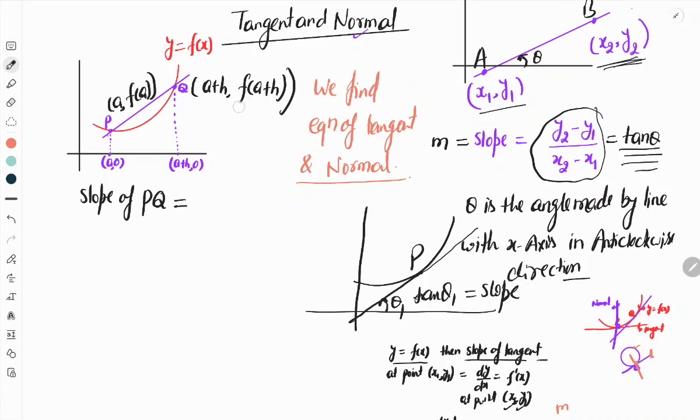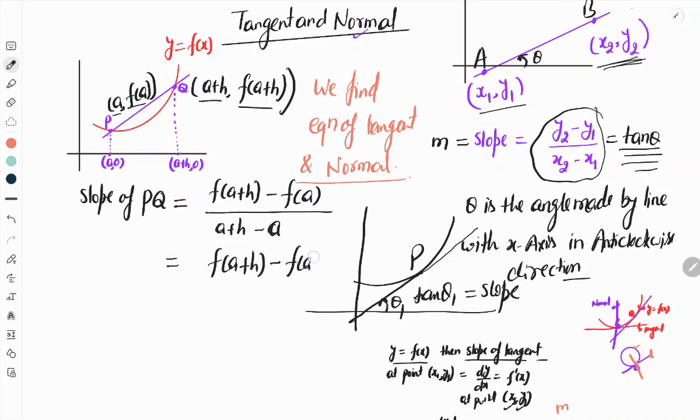You will say y2 minus y1, meaning f(A plus H) minus f(A), upon x2 minus x1, meaning A plus H minus A, which is H. So you are getting f(A plus H) minus f(A) upon H. I hope it is clear to you all, the slope of line PQ.